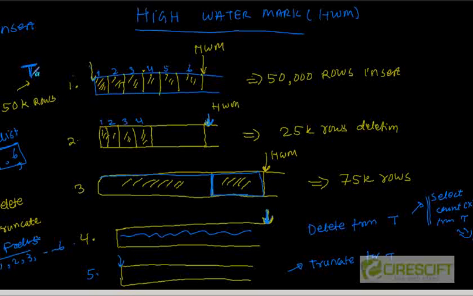In this table T, assuming that we have only one free list, name it free list 1, the first thing it sees, before inserting anything, is whether there is an available block on the free list.